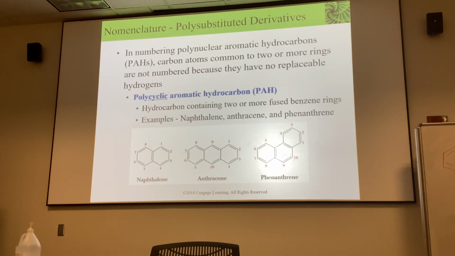Polycyclic aromatic hydrocarbons get all sorts of odd names: naphthalene, anthracene, phenanthrene. I think all of these are grandfathered in, and I don't even know if there is a way to do IUPAC naming with this.